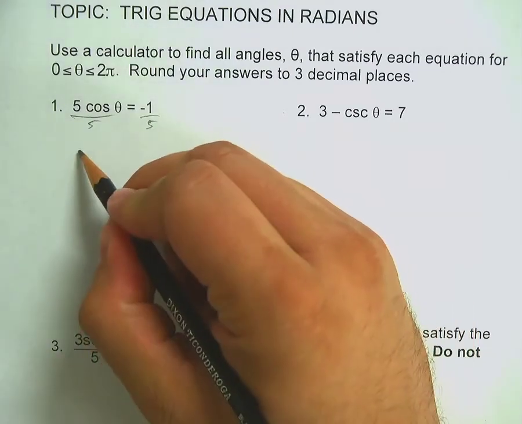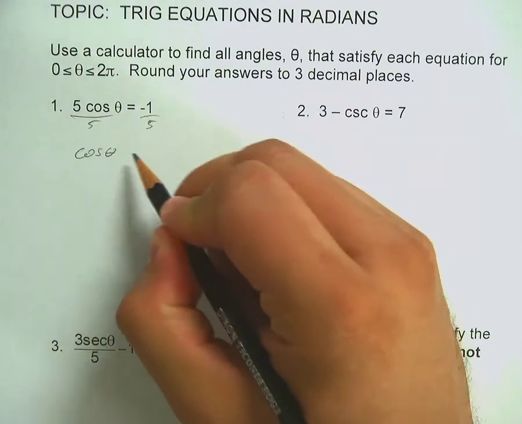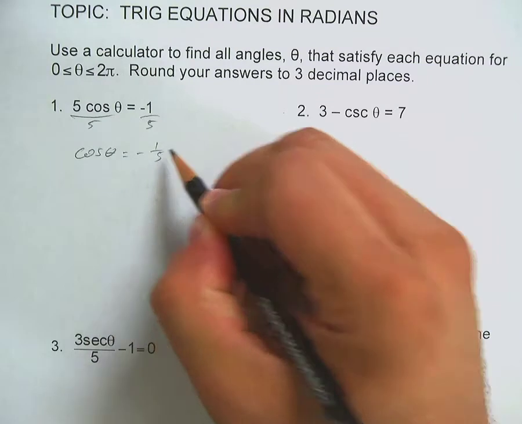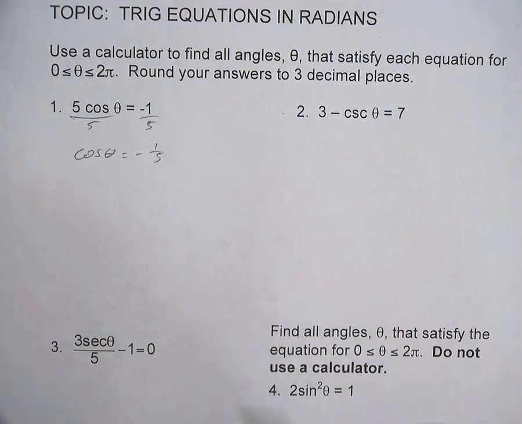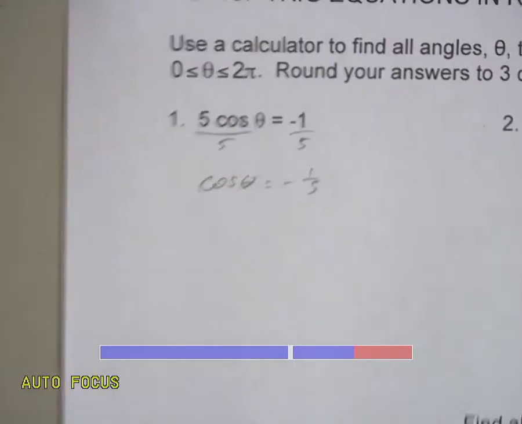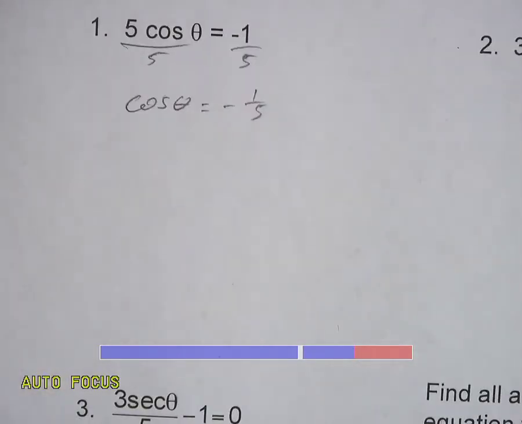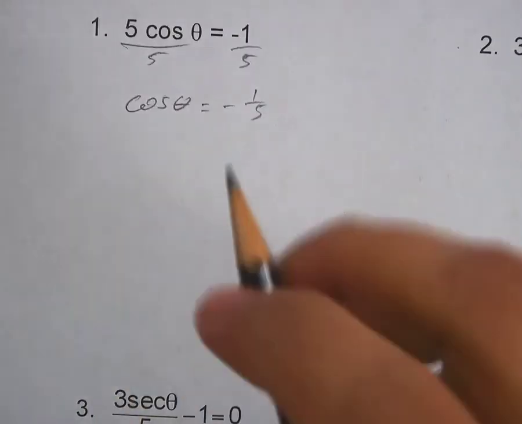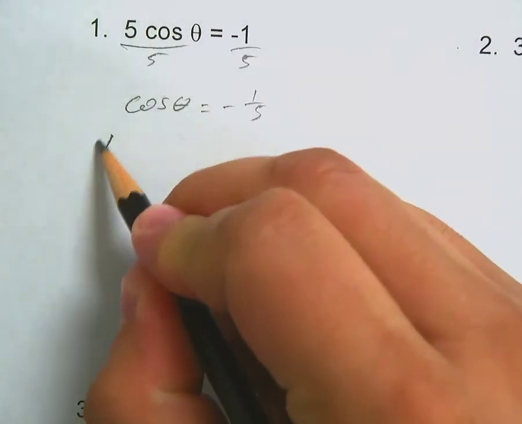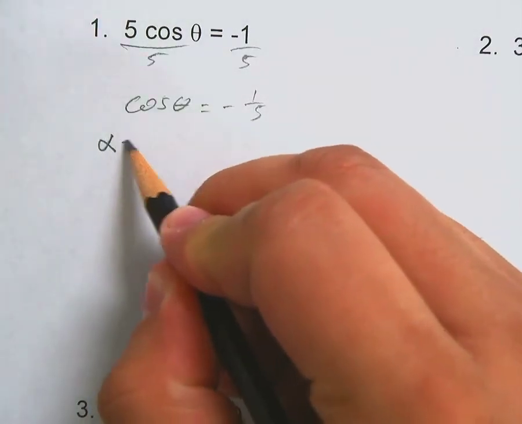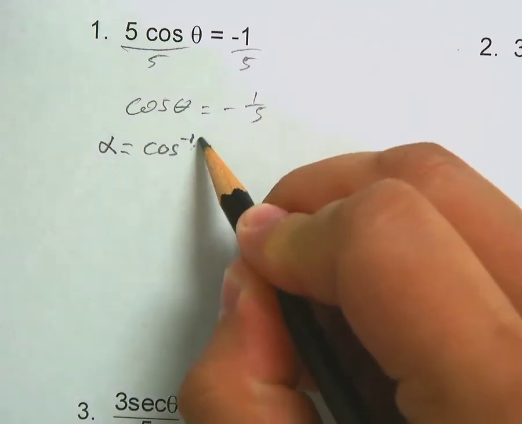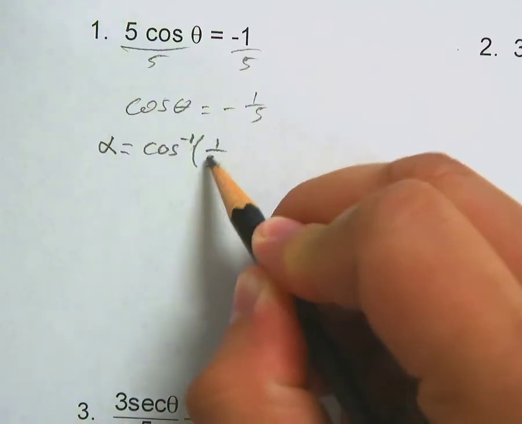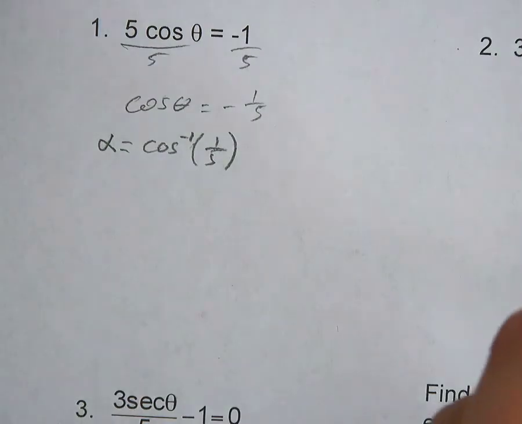So cosine of theta is -1/5. So from here, I come up with alpha, which is going to be the inverse cosine of 1/5. Remember, I ignore the negative for right now.